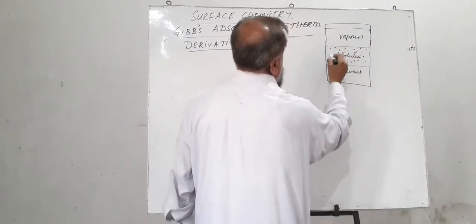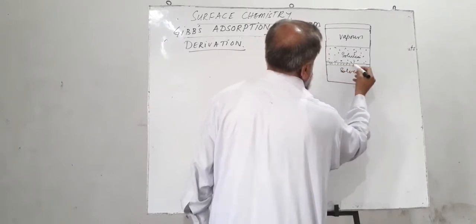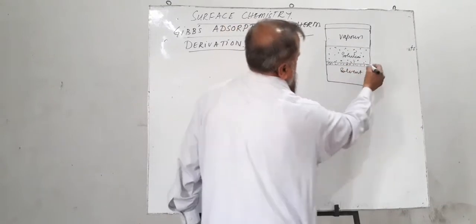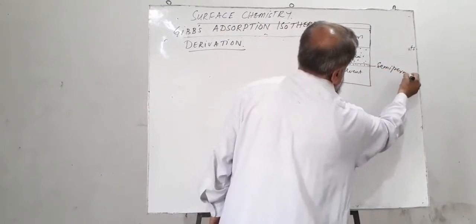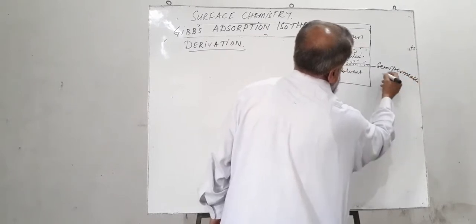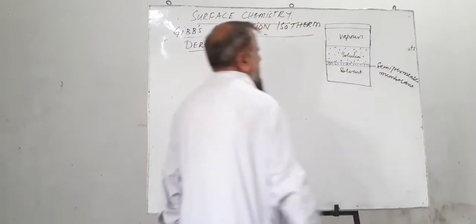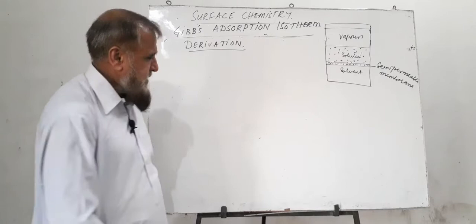The solution is separated from the pure solvent by a semi-permeable membrane. This membrane allows only the solvent molecules to pass through and does not allow the solute to pass.